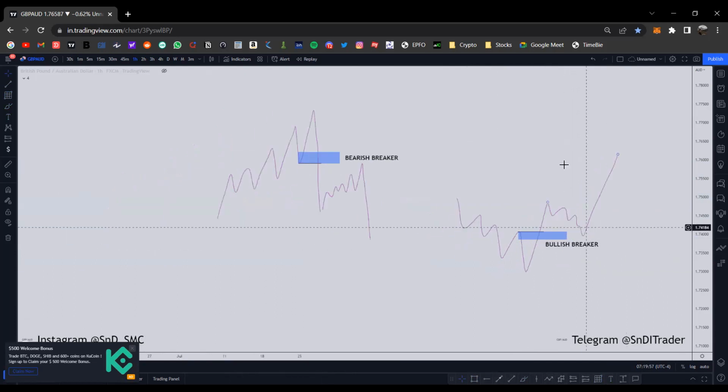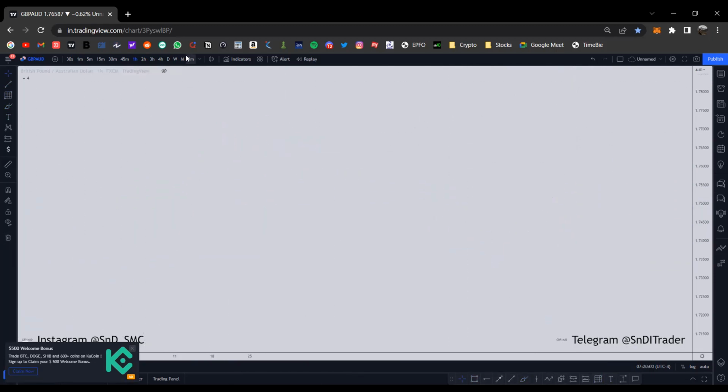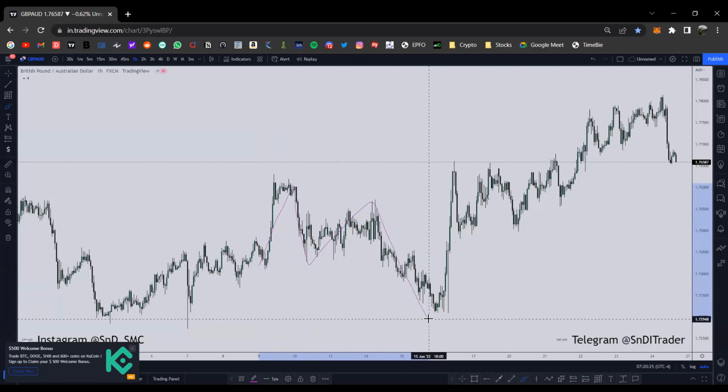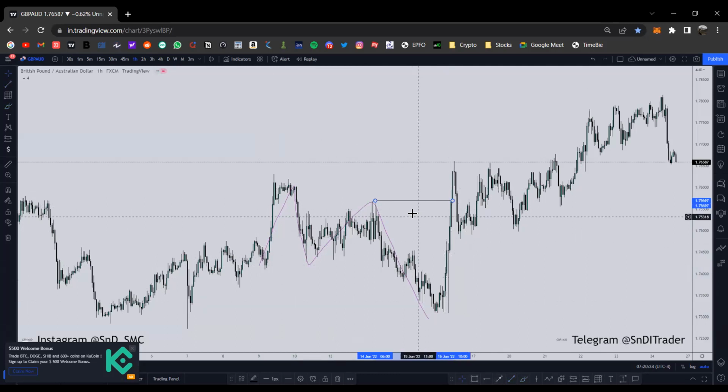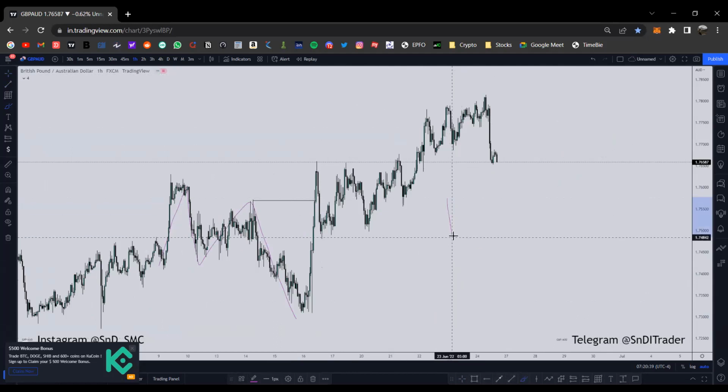Okay, so let's go to another chart and see some examples. You see price has made a higher high, higher low, lower high, and given a nice BMS and a nice move towards the downside. This high has given a move towards the upside again. I was talking about lower low, lower high, lower low, lower high, lower low, higher high.